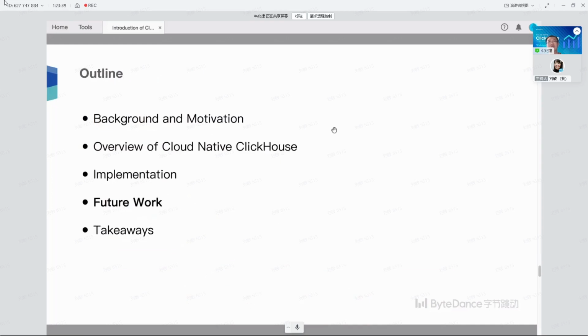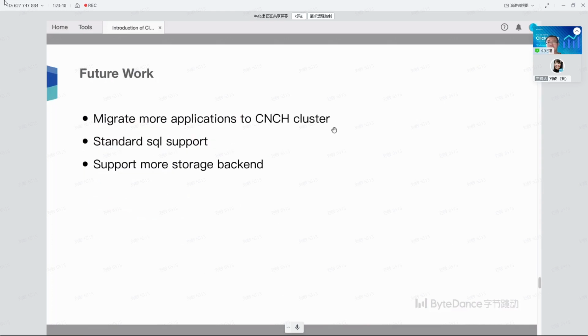I think that is almost all for our introduction of our new system. Then I will list some future work we plan to do in the near future. Currently in ByteDance, most applications are still running on the ByteHouse internal ClickHouse. So we are doing the migration, and we plan to migrate more and more applications to the CNCH cluster.